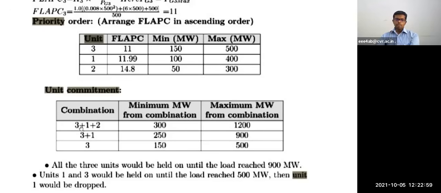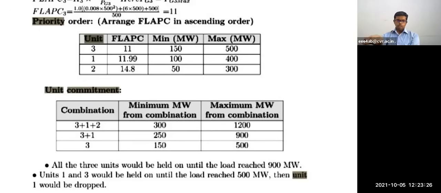Okay, so whatever the combination, say for example you need to generate 500 megawatt. Which generating unit will you choose? You will choose the third generating unit, because 500 megawatt you can easily generate. Say for example, you need to generate 1000 megawatt, or at the maximum, the demand is 1200 megawatt.